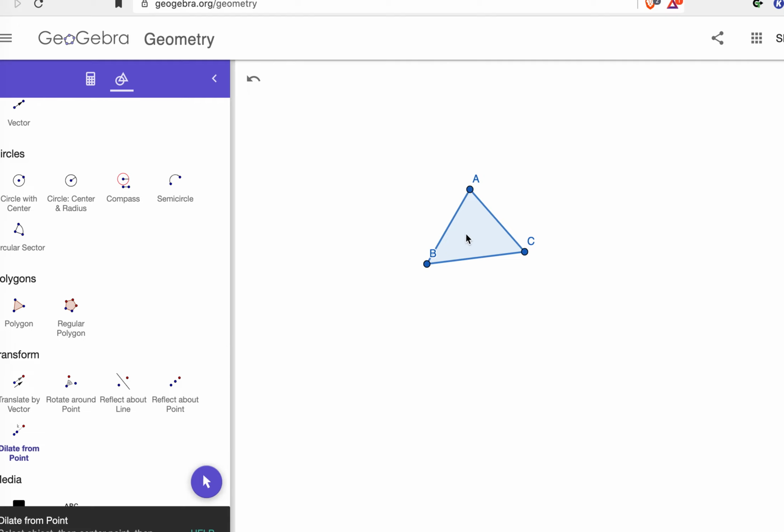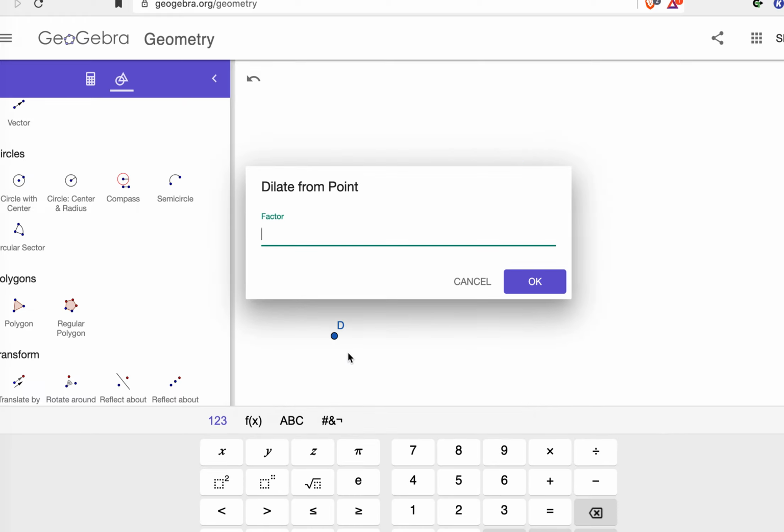So if I chose to dilate this from the center spot, not sure if it's going to let me. I guess it's not. So if I dilate outside the shape, it's always going to ask me for a scale factor. So the idea there, your scale factor is your proportion of growth or of shrinking.